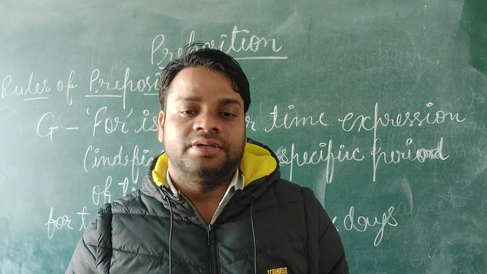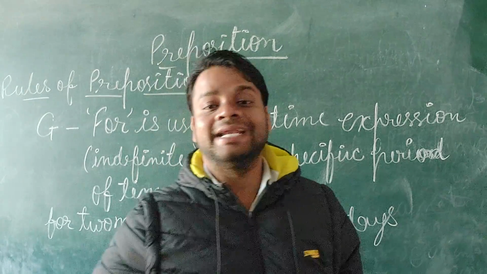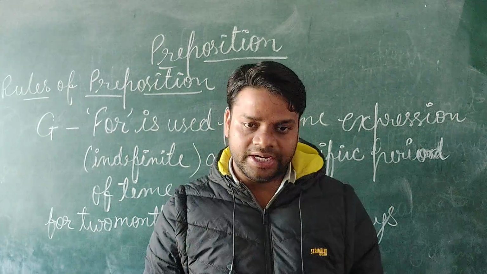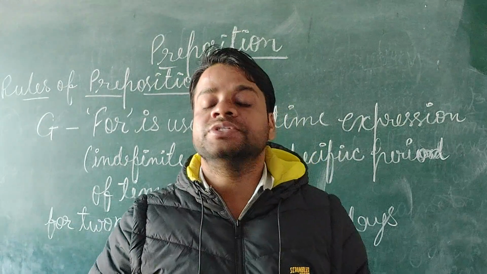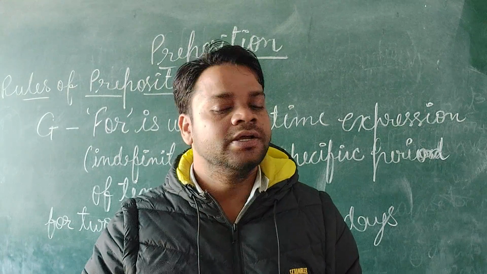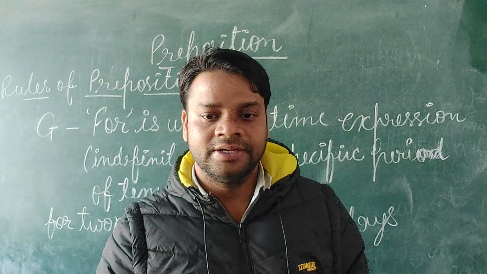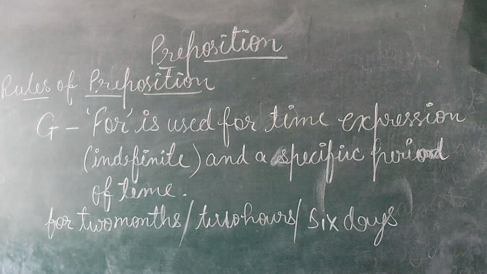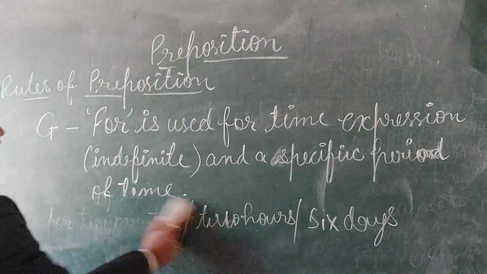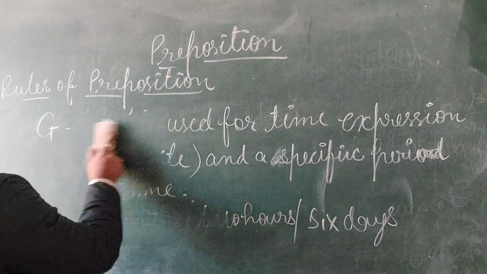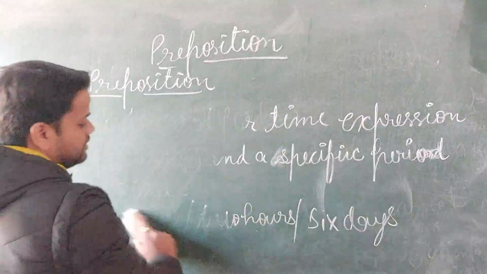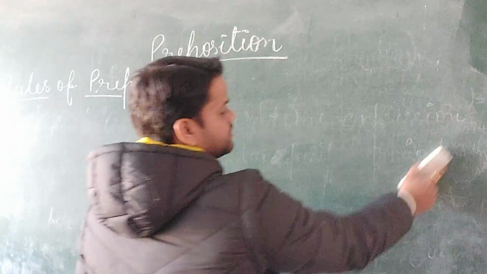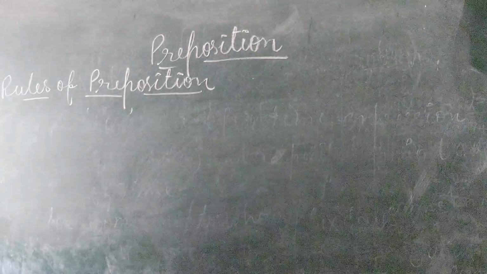But if you are asked to write about 10 days, you are not sure which 10 days we are talking about, so there we will use for 10 days, not since 10 days. Now see the examples of for, and after that I'll tell the difference between for and since, so that it will be very clear to all.